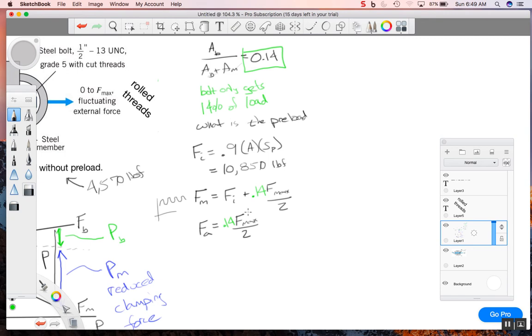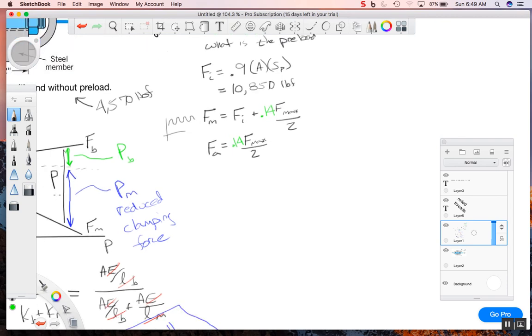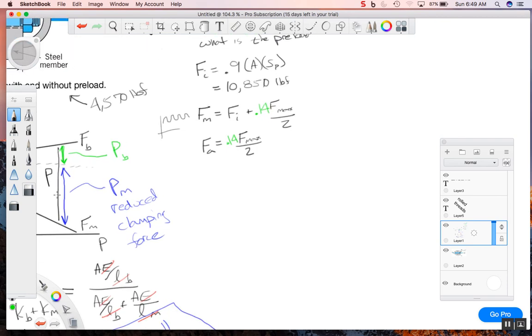Let's see, I've got to go for a safety factor of 1. For n equals 1, using Goodman, I know that it's the alternating force over the endurance limit, and I know the endurance limit.